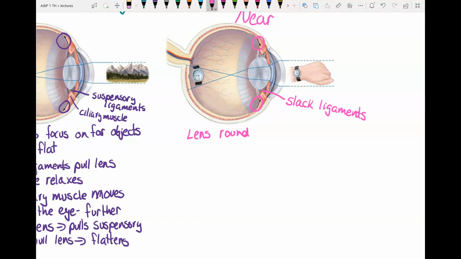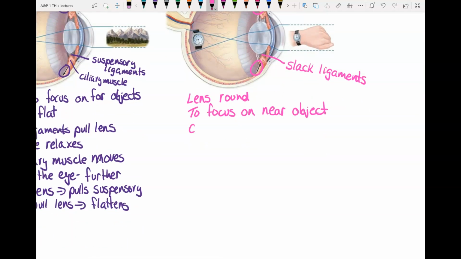Notice here the arrows. The ciliary muscles move forward, closer to the lens, and that's what allows the ligaments to slack. And in order for this to happen, muscles have to contract. So when you're looking at something close, to focus on a near object, you have to contract your ciliary muscles.